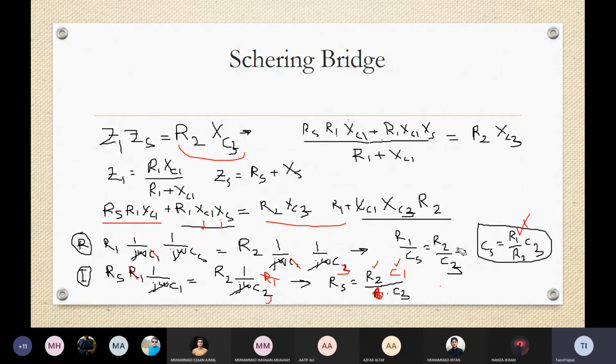So the value of R2 is going to affect both RS and CS. So we are just going to change the value. First, find out the value of CS by varying R2. First we vary R2 and then we just need to vary C1.